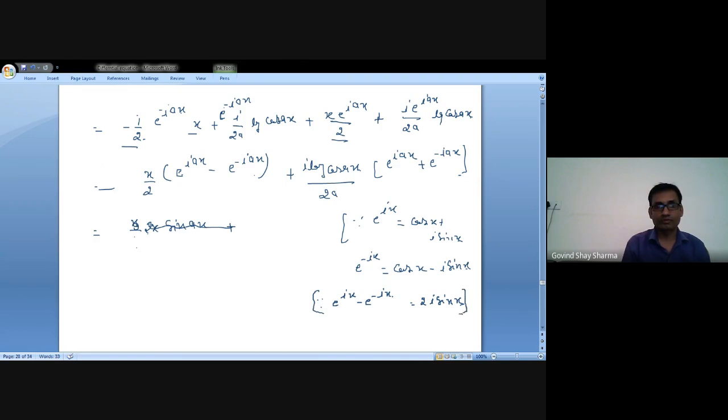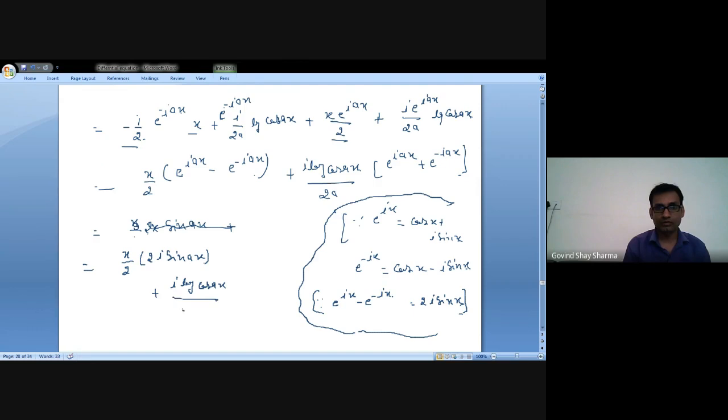If here we put x by 2 iota sin ax plus iota log cos ax upon 2, with this convert in 2 cos.